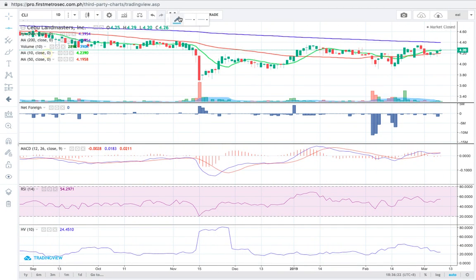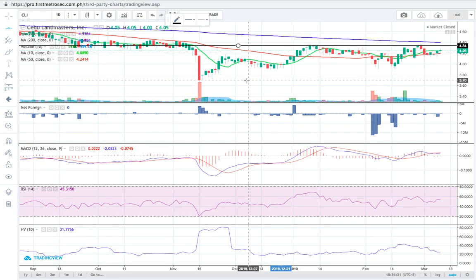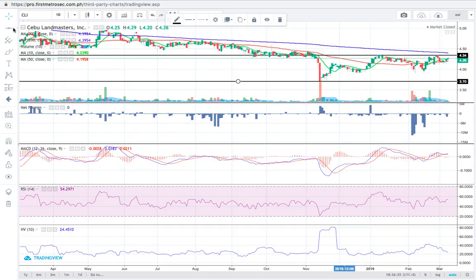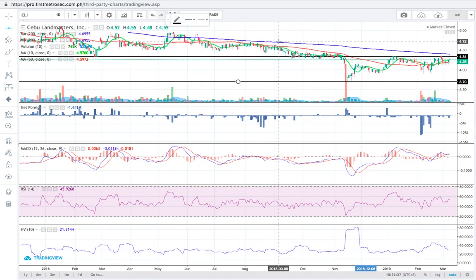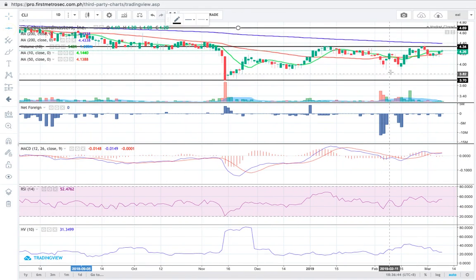Okay, so I'm going to plot the support and resistance levels of this stock first. I'm also going to plot the next resistance level that I can see on the chart.